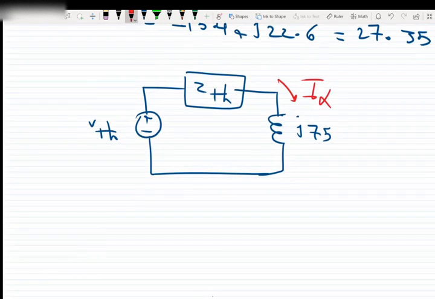And again, in order to find Ix, we can simply use Ohm's law.